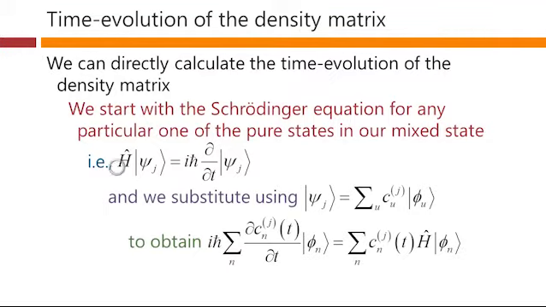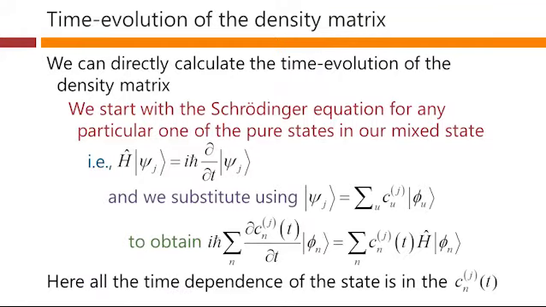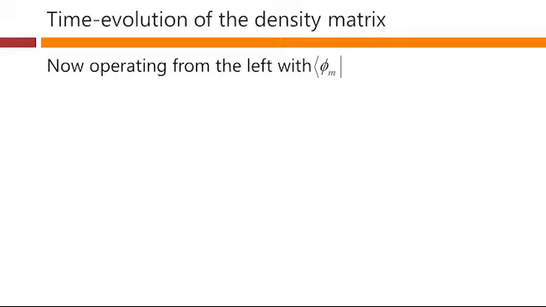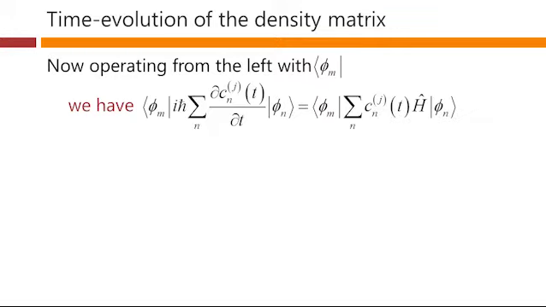And that will give us a rewrite of this equation that will look like this. Here, all the time dependence of the state is in these coefficients here. Now, operating from the left with a specific one of the basis functions on the expressions that we just had, we'll obtain the following.